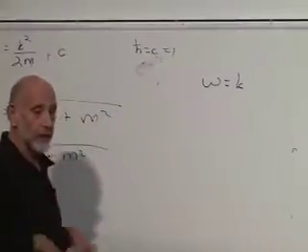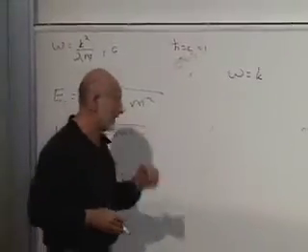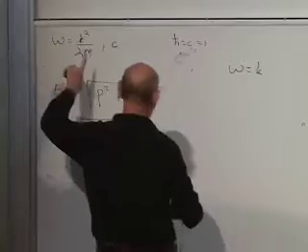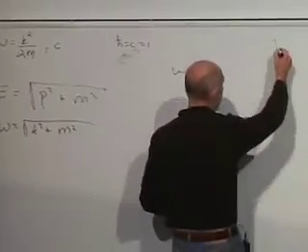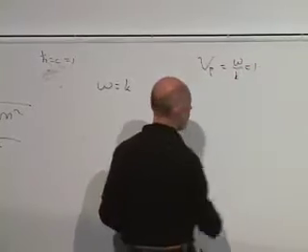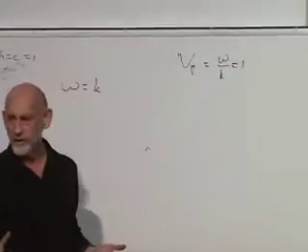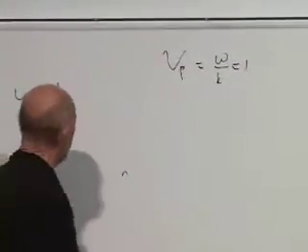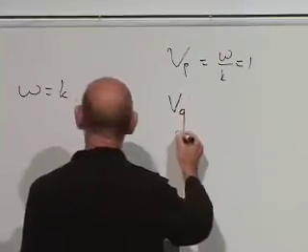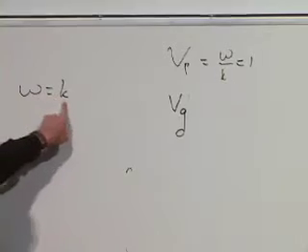What's the group velocity? First of all, what's the phase velocity? The phase velocity is omega over k, right? V phase is omega over k, and that's 1. Well, what does that mean, 1? Speed of light, right. What about the group velocity? V group is the derivative of omega with respect to k.